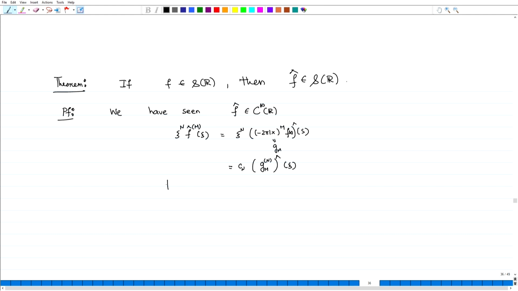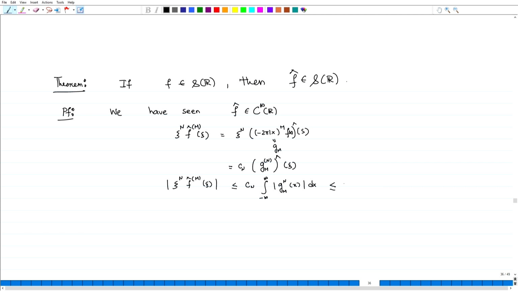Okay. Now if I take the modulus of this, then this is less than or equal to some constant times the integral of the modulus of g m n at x dx. And g m is a Schwartz class function, so all its derivatives are Schwartz class functions. So, this integral is finite because g m n have the appropriate decay.